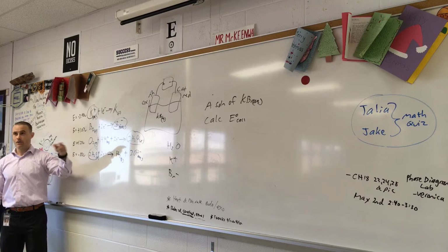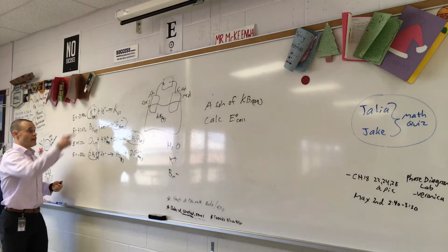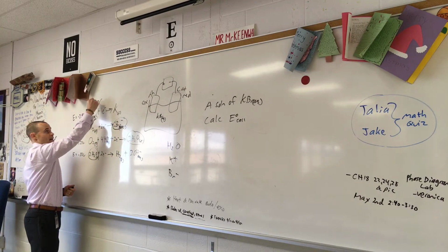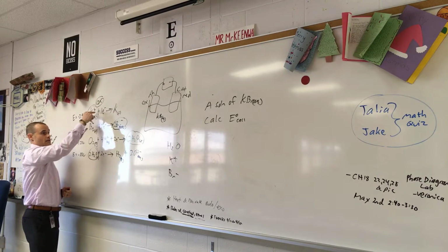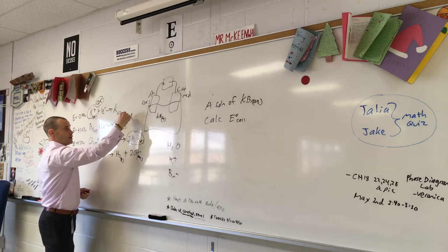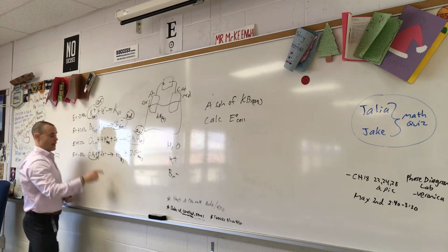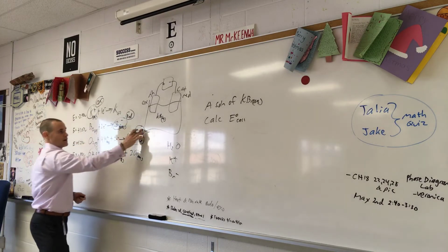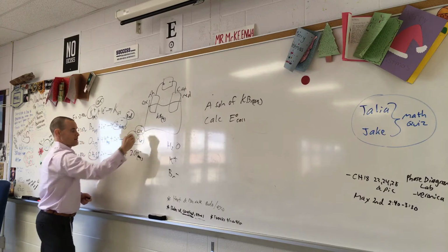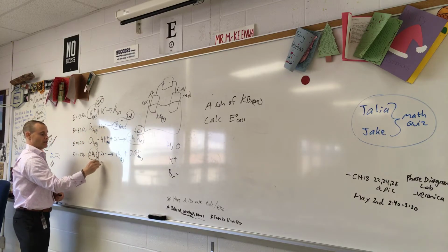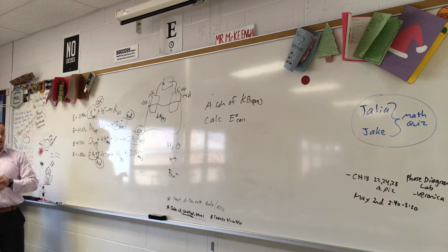So, LEO GER, this would be an example of oxidation, this would be an example of reduction, this is an example of reduction. And this, nope, I said that backwards. This is oxidation, and this is reduction. So let me just explain what I just did there.